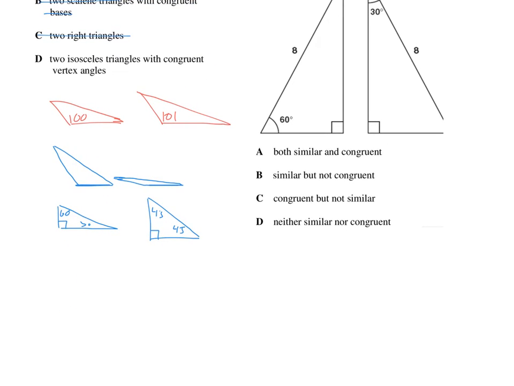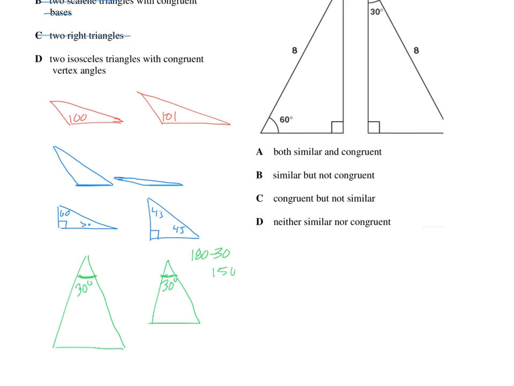So two isosceles triangles with congruent vertex angles. Okay, so I have two isosceles triangles. This is the vertex angle up here. All right, well, what do you know? Let's just say this is 30. And that's 30. Well, if I want to figure out the base angles, I subtract 30 from 180.